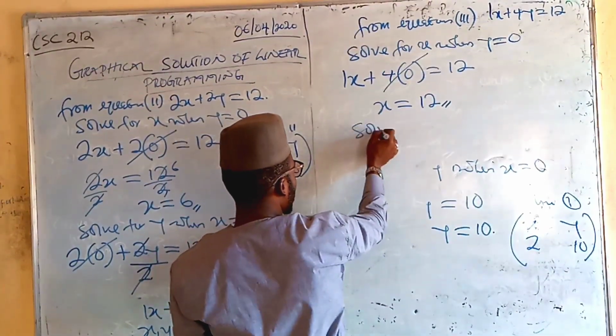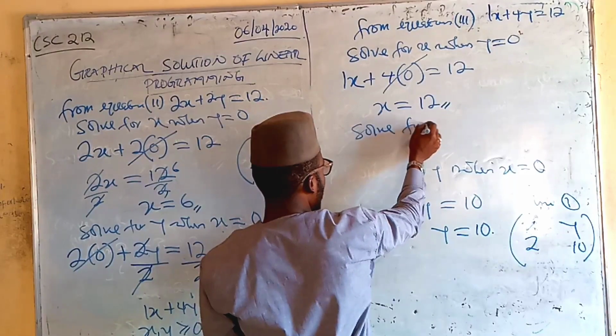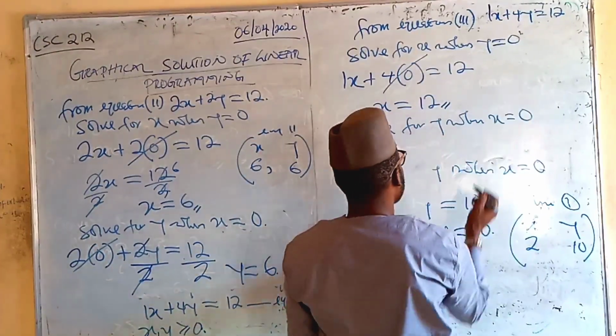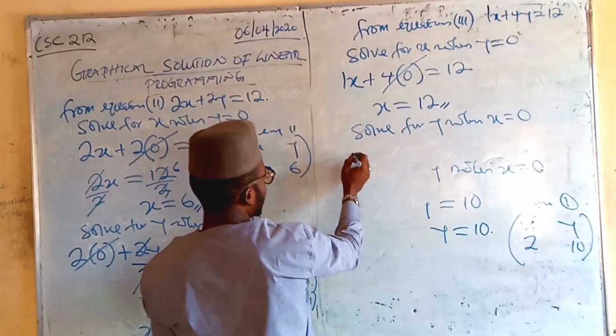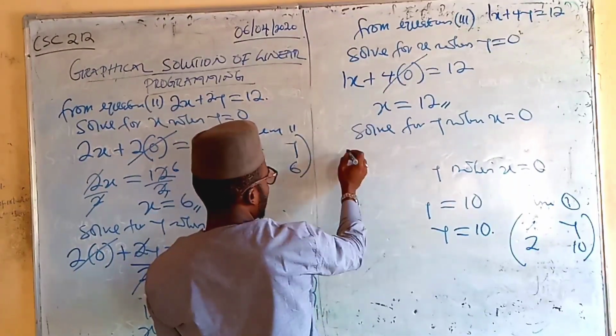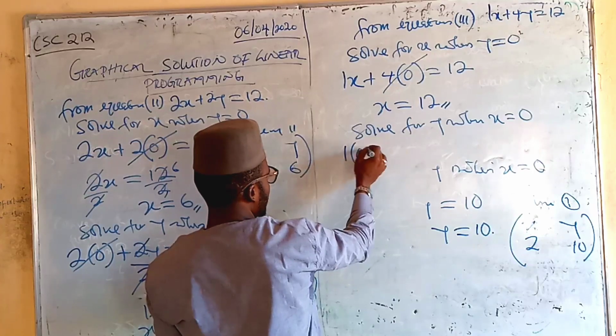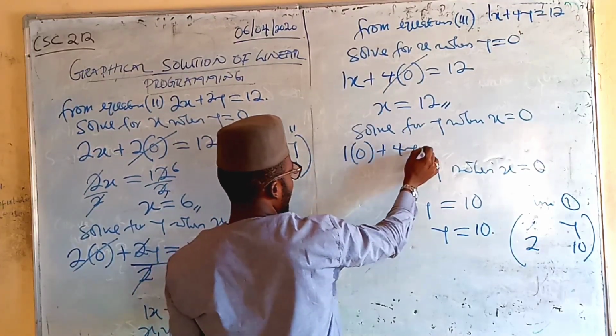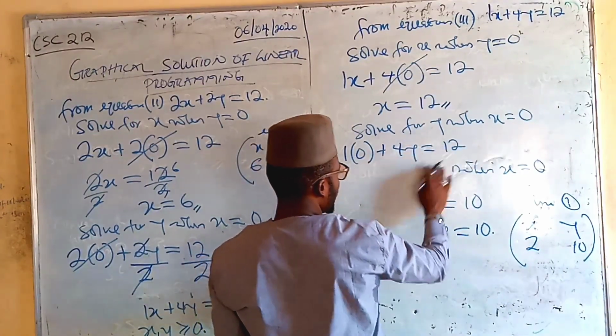Then we are to solve for y when x is equal to 0. Then we can just say that 1 into 0 plus 4y is equal to 12.